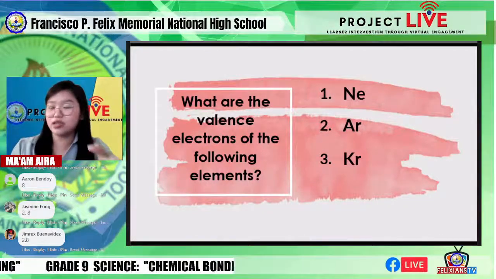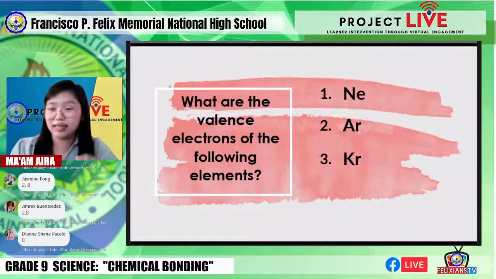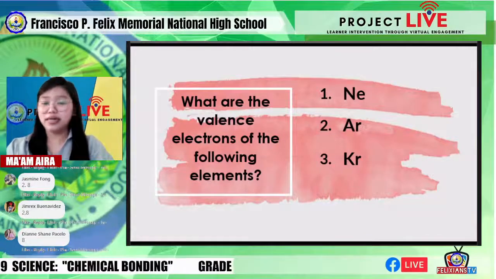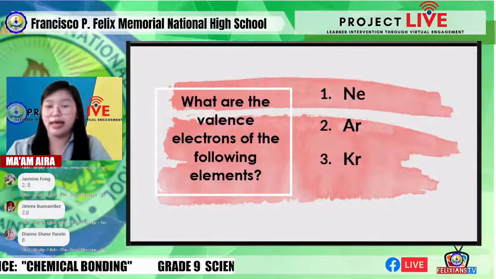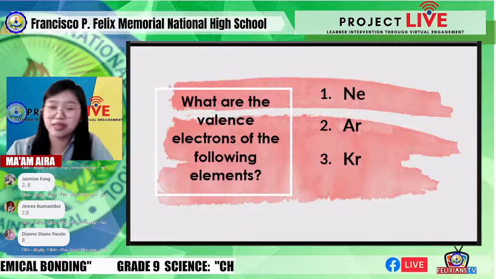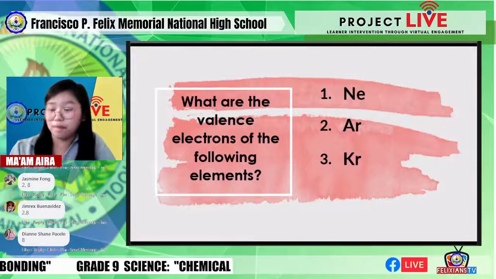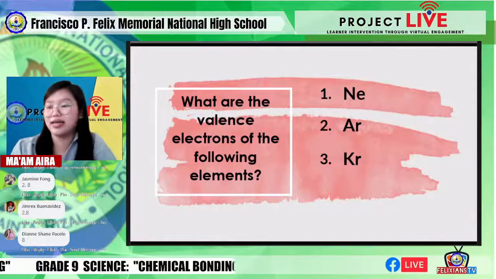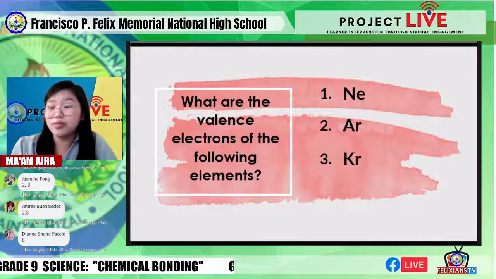Okay, the valence electron for Ne or neon is 8, Ar argon is also 8, and Kr krypton is also 8. So these 3 elements have the same number of valence electrons. And if you look at your periodic table, I hope you have it with you, you can find these 3 elements on the rightmost part of the table. And if you look back on your grade 8 class, this was discussed, and they belong to the noble gas family.